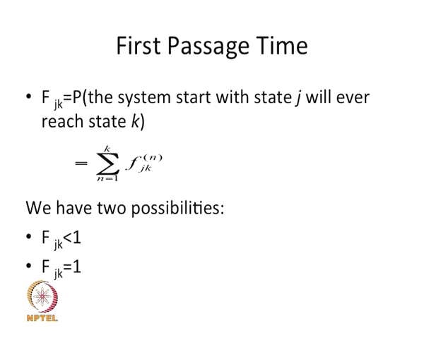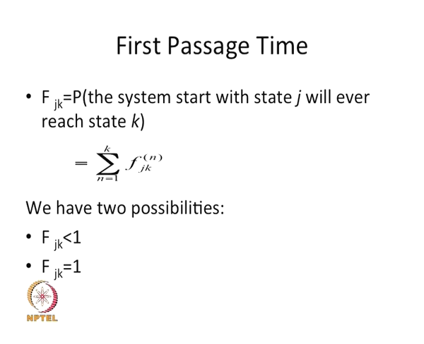That means with probability 1 you will ever visit the state k starting from the state j, or this probability is less than 1. If it is less than 1, then it is not certain. That means, with probability 1 minus this probability, there is a possibility you will not ever visit the state k if you start from the state j.